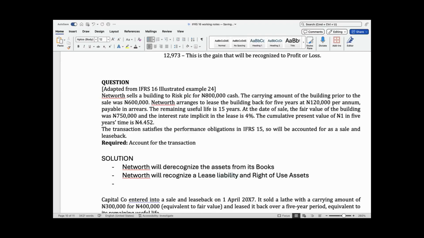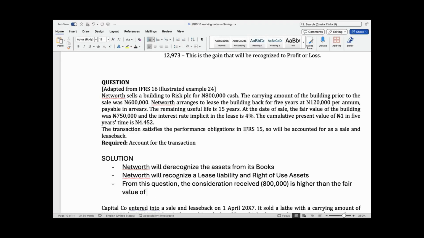So from this question, the consideration received, which is 800,000, is higher than the fair value of the assets, which is 750,000.